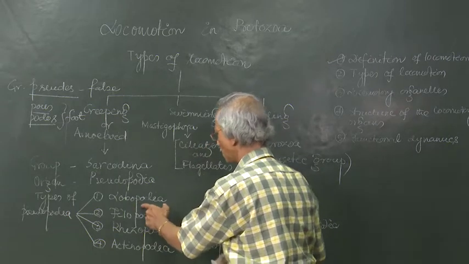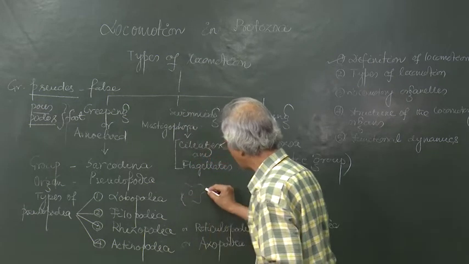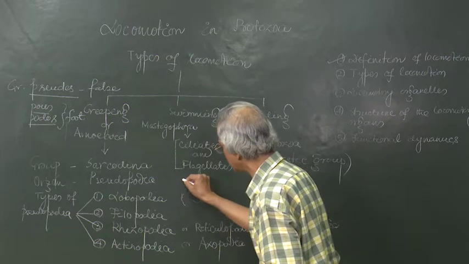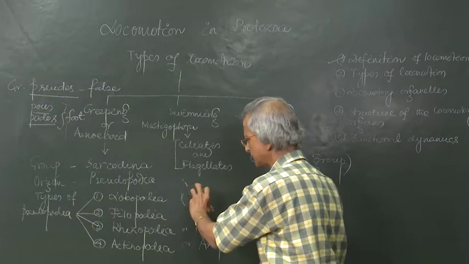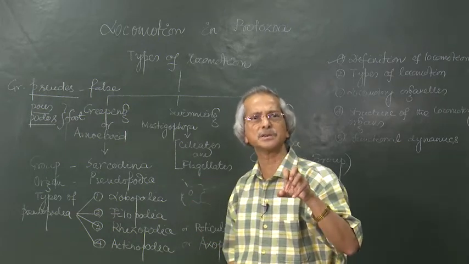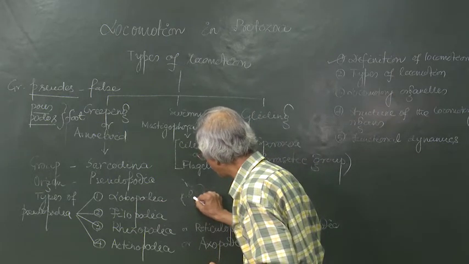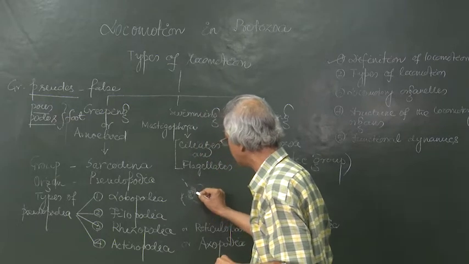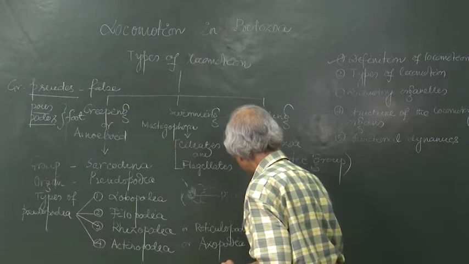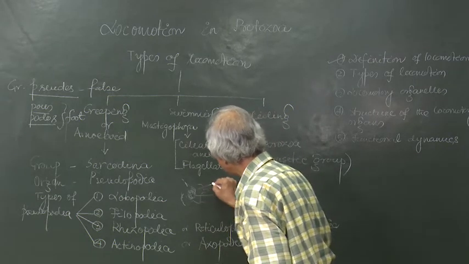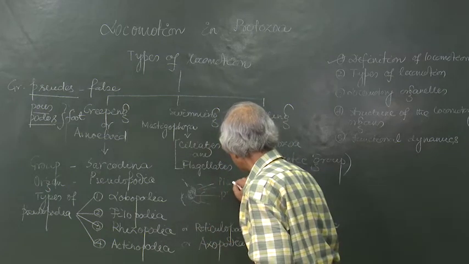Now, Lobopodia is found in amoeba. If this be an amoeba, the structures that you find here, each one is a pseudopodium. It is a finger like projection, it appears immediately and it also disappears. Inside this animal you find two different types of liquid material. The first part is known as plasma sol, and outer to the plasma sol another fluid is there, which is known as plasma gel.